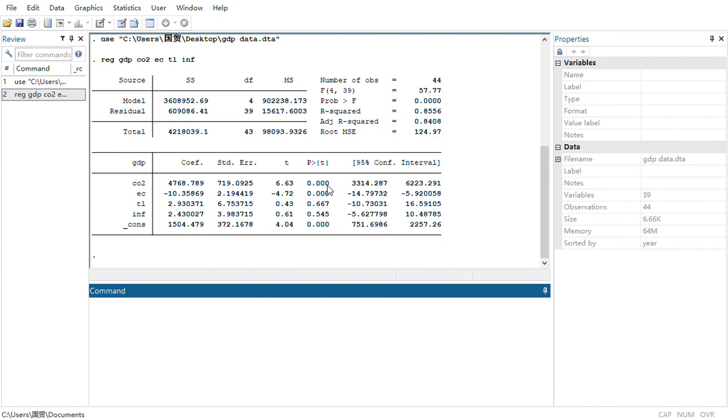That means that in any given country, if there is any growth in economy, it has to be associated with carbon emission. That means there is a high level of carbon dioxide being emitted.